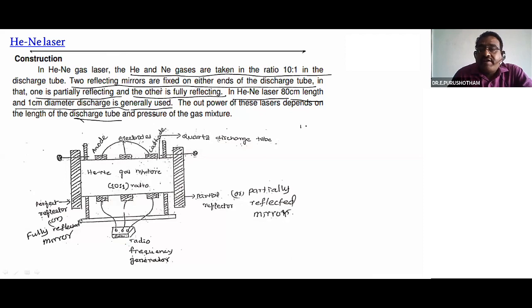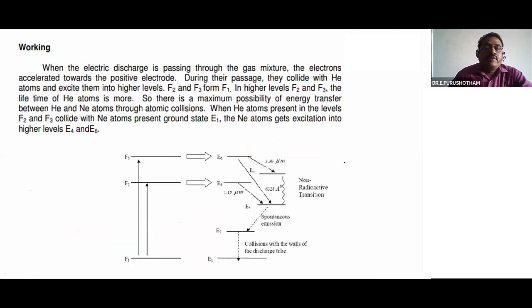So the 10:1 ratio of helium neon gas is taken in the quartz tube at 0.1 mm of mercury to 1 mm of mercury. Working: you can see here, when the electric discharge passes through the gas mixture, the electrons are accelerated towards the positive electrode. These collide with the helium neon gas mixture.